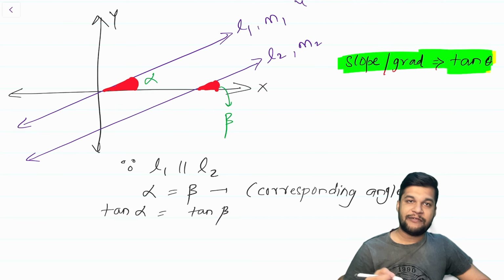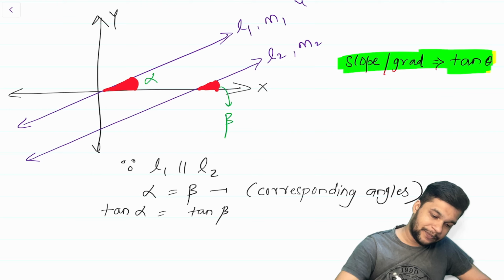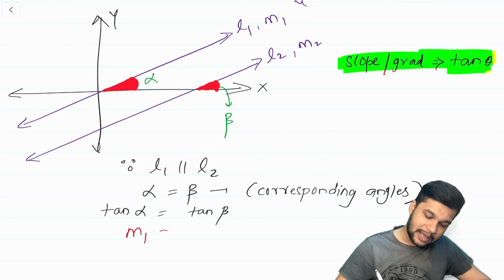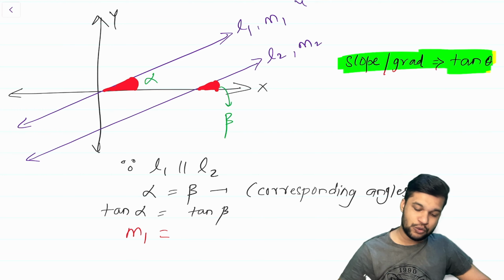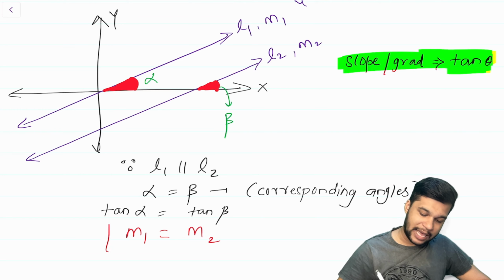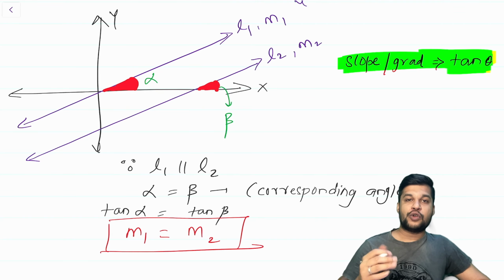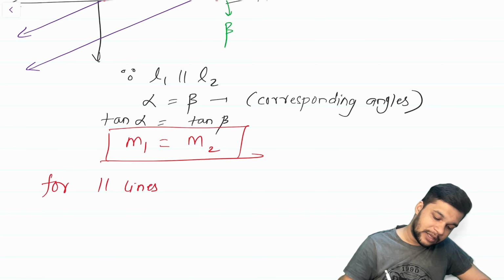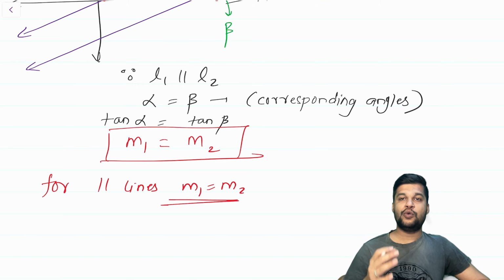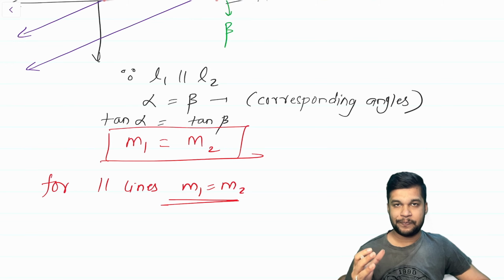So tan of alpha will be slope of line 1, so I'll say this is m1, and tan of beta will be slope of line 2. So m1 equal to m2. So always remember, for parallel lines, the slopes are same. M1 will be equal to M2. The slopes of parallel lines are same.